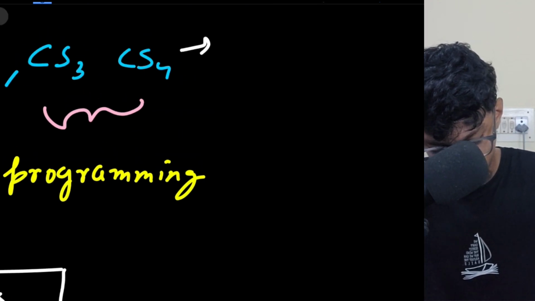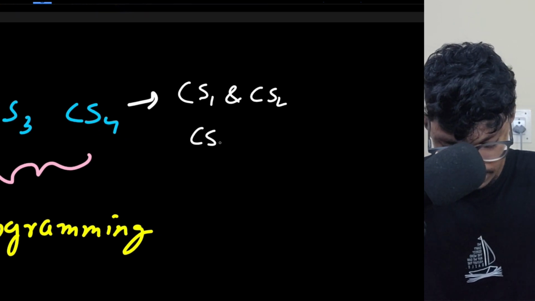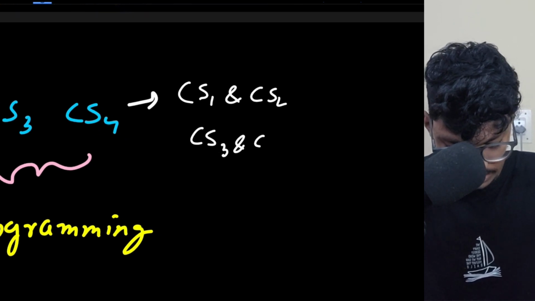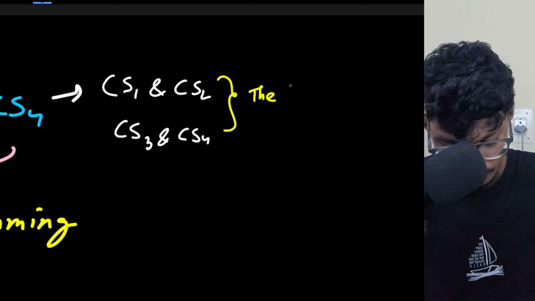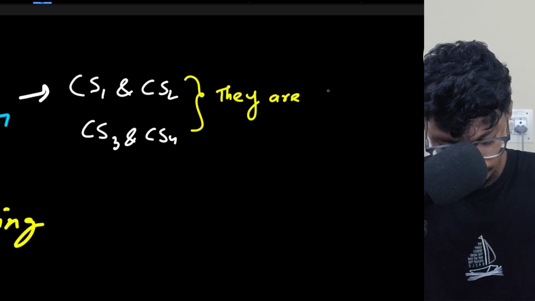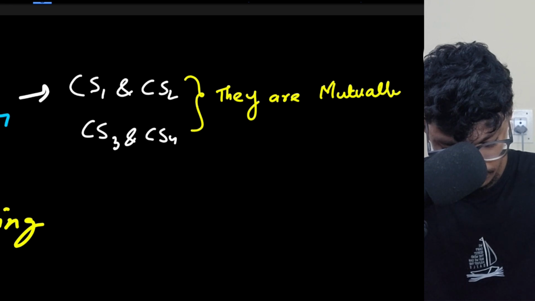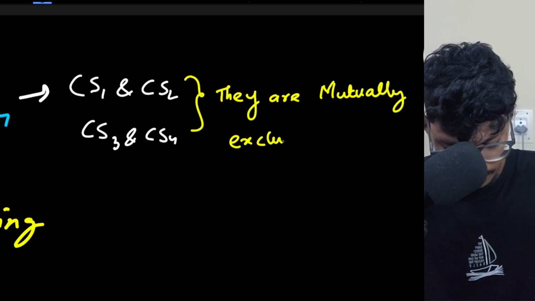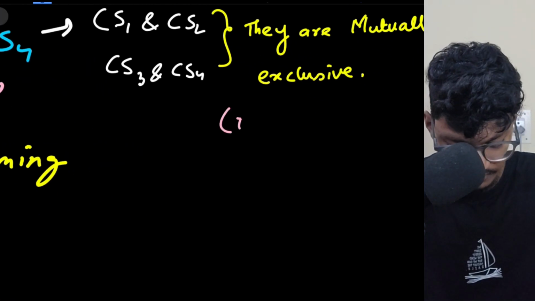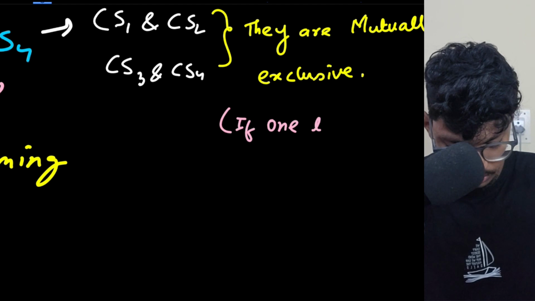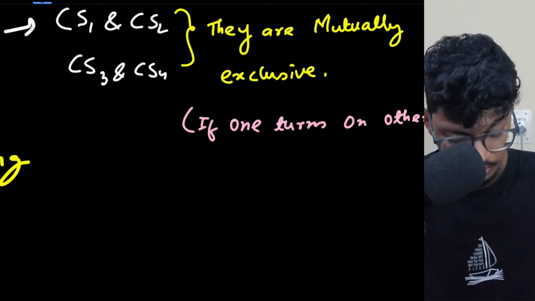CS1 and CS2, and CS3 and CS4, they are mutually exclusive. This means if one turns on, the other will never be on.